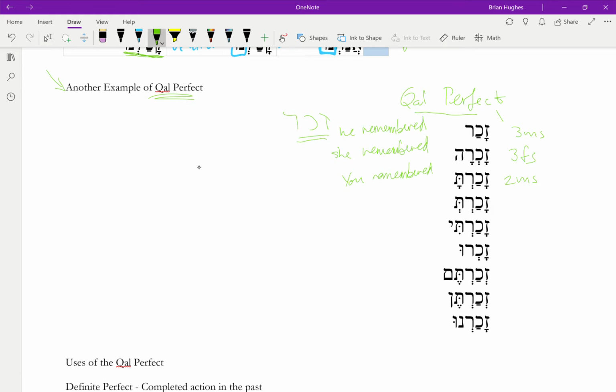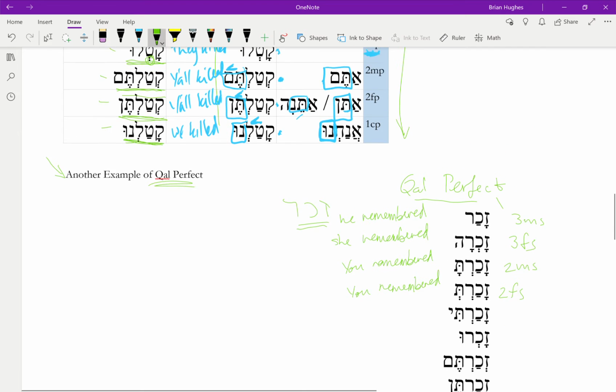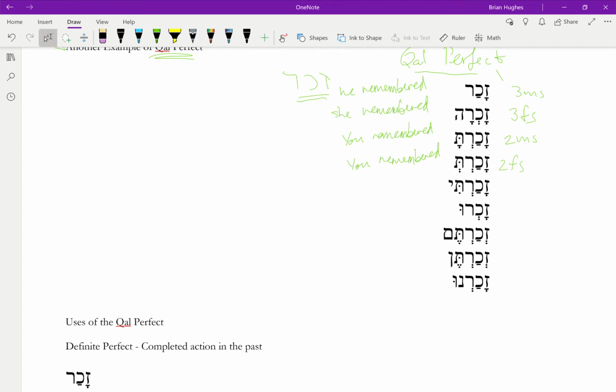Zachart, second feminine singular, meaning you remembered. Zacharti, first common singular, I remembered. Zacharu, third common plural, they remembered.